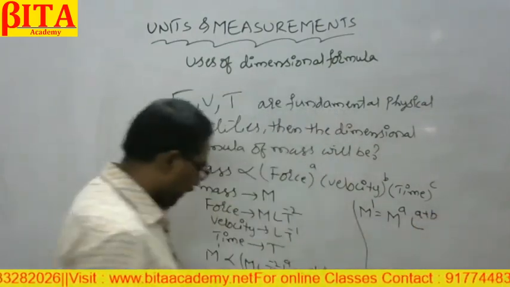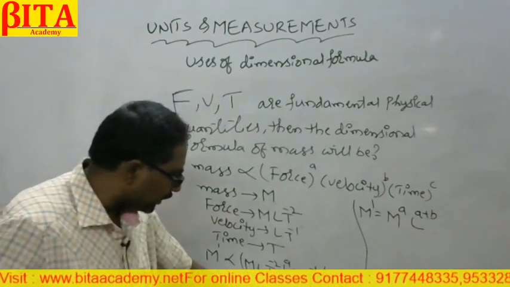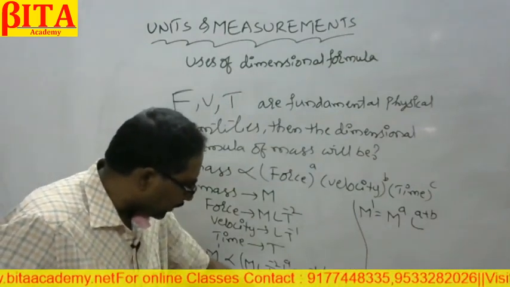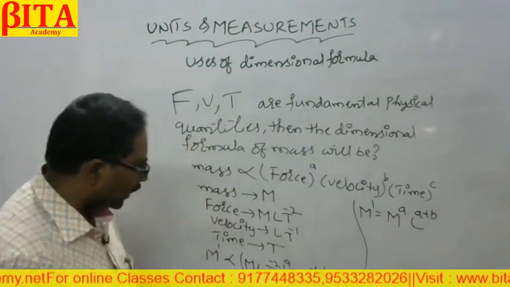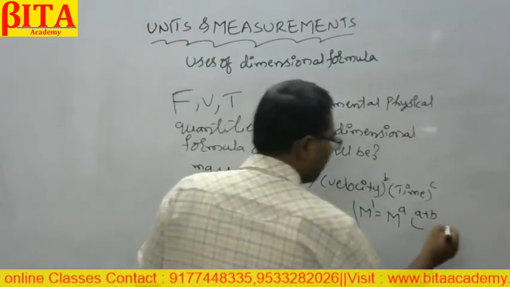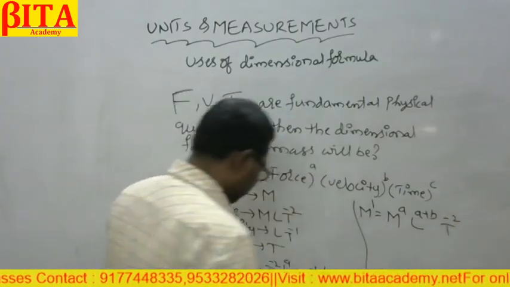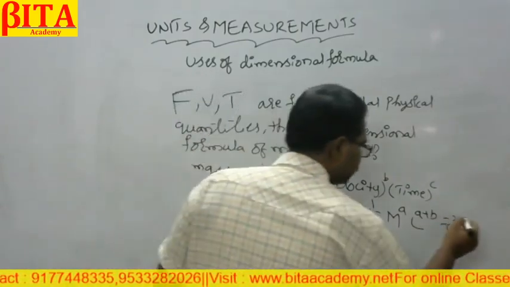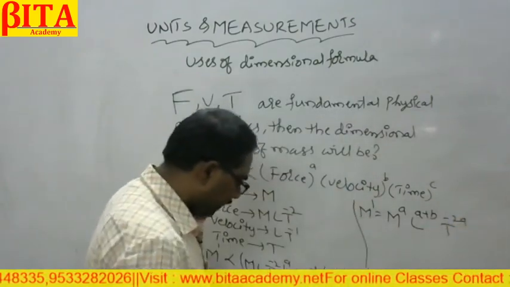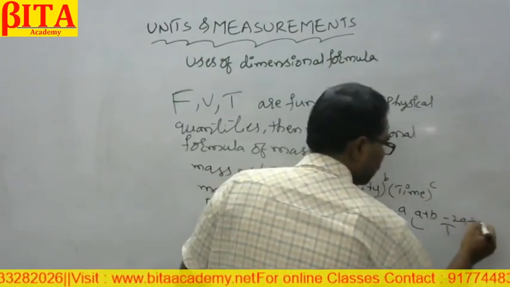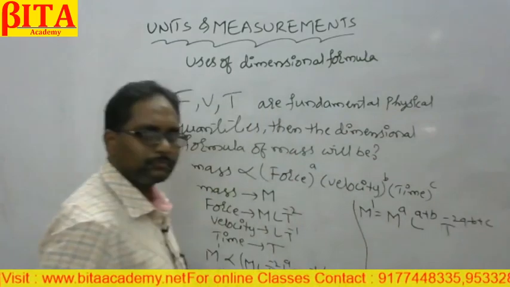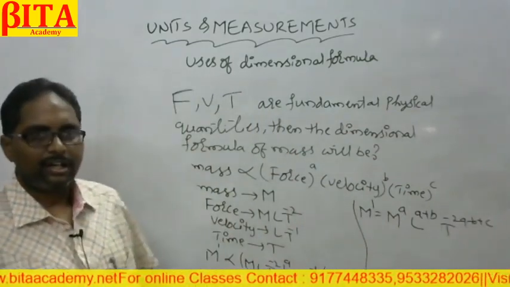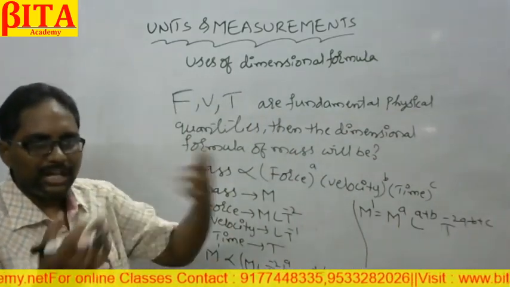Next, here T power minus 2a is there, T power minus b is there, and T power c is there. So let me write like this: T power minus 2a minus b plus c. So now we got the equation on both sides.